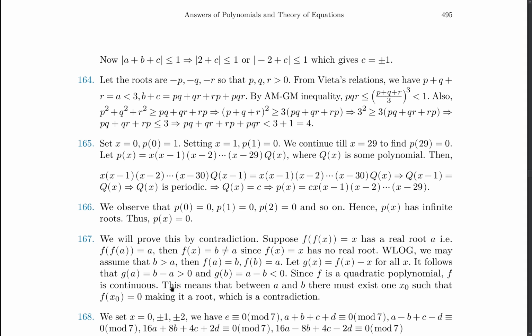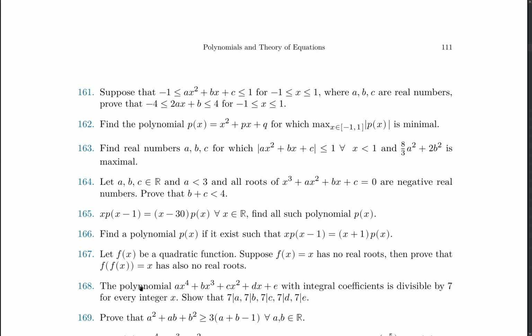So what must be the case, because it is greater than 0 at a and less than 0 at b, there must be a root between a and b, because it is changing sign. But then that contradicts our assumption, and therefore f of f of x is equal to x has no real roots.